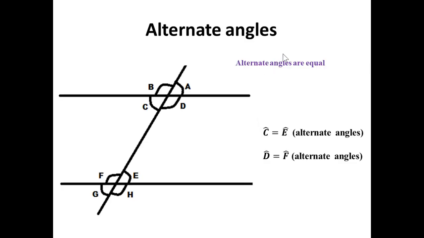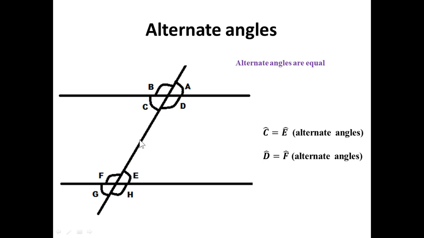The first angle that is formed when a line of transversal cuts across parallel lines is the alternate angle. Now, how do we get alternate angles when a line of transversal cuts across two parallel lines like this?